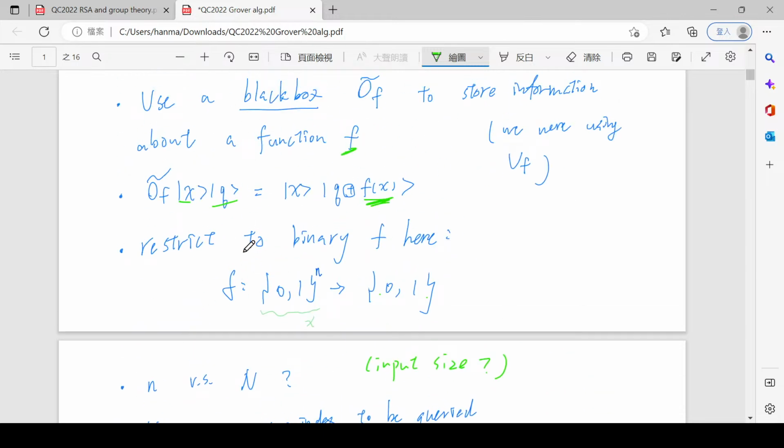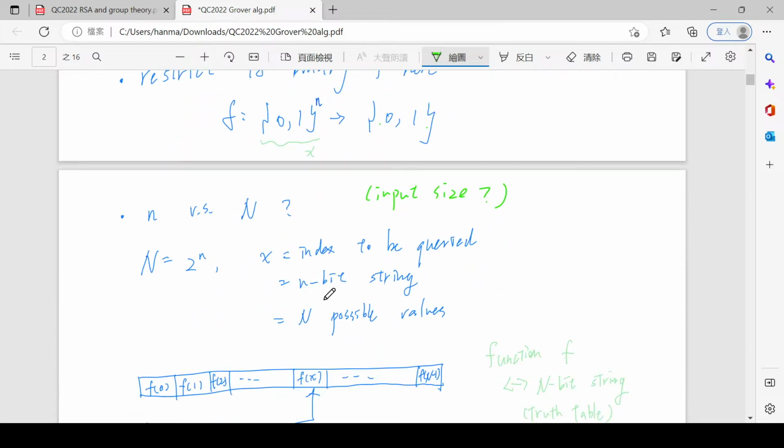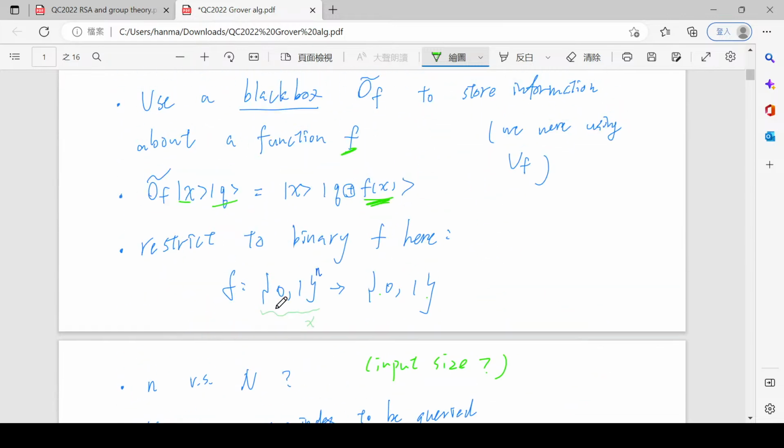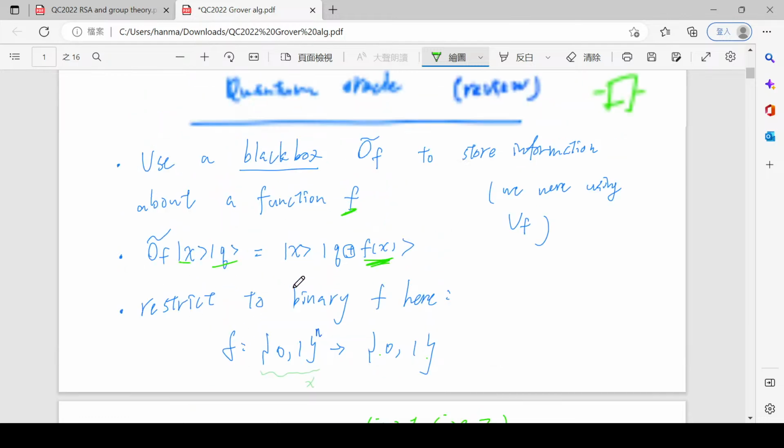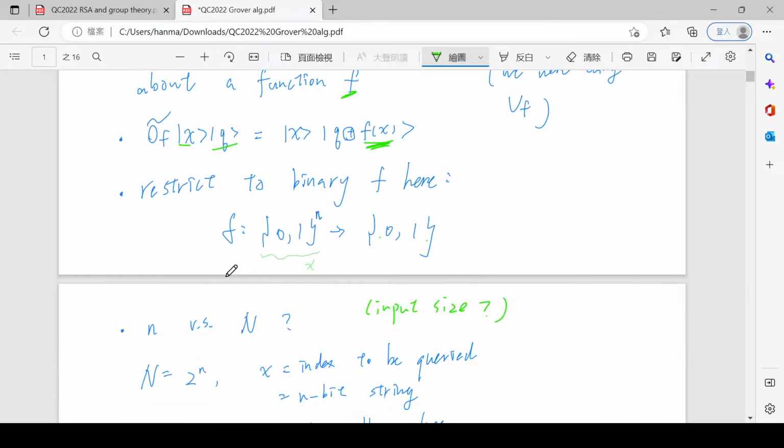As we said, f is a function, and there is an input to this small function f. That is a small n-bit string. You can put it into f, and it will tell you 0 or 1. But then f itself, in another sense, is the input to our problem of finding the marked item inside f.